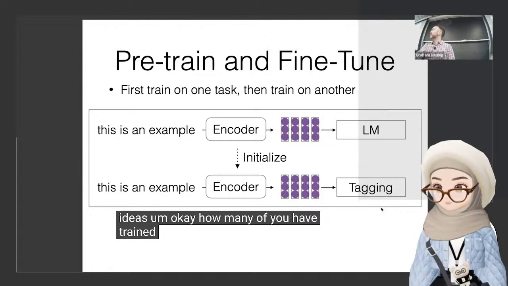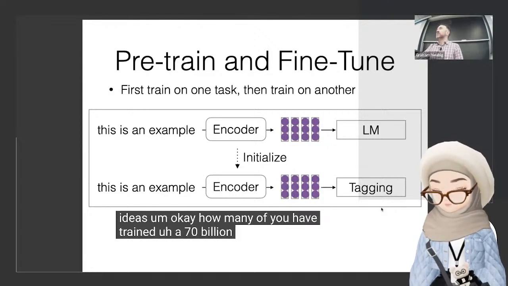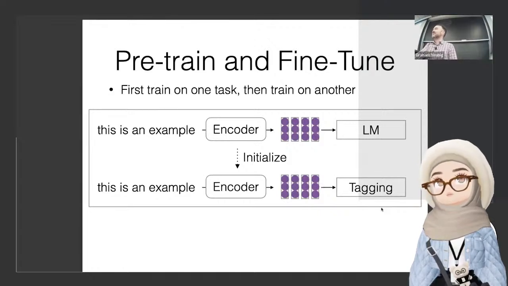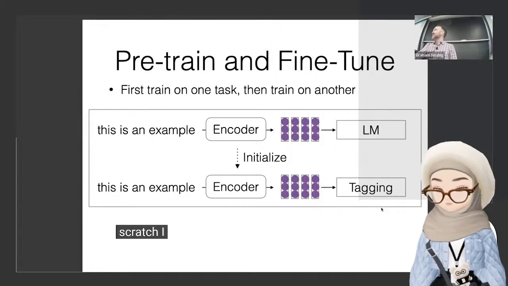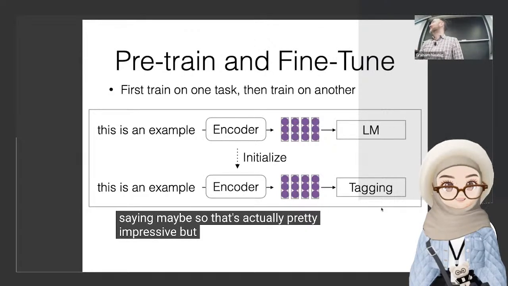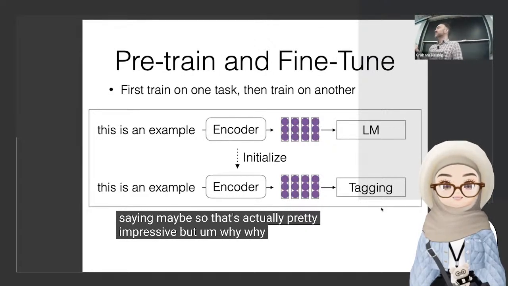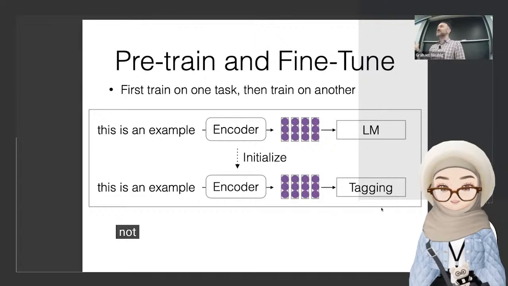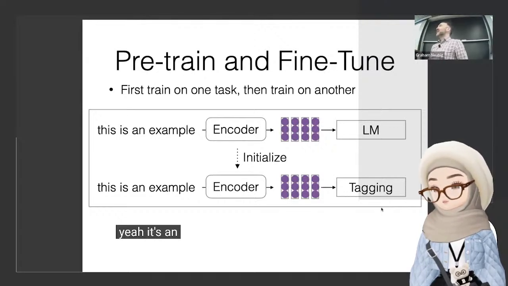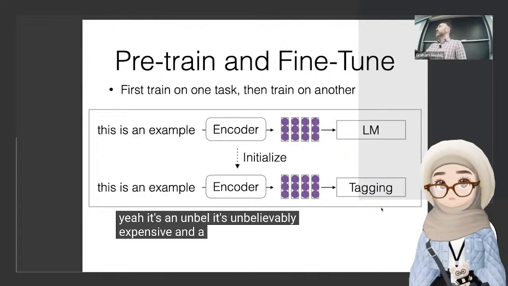How many of you have trained a 70 billion parameter language model from scratch? I mean, I did it yesterday, but I see somebody say maybe, so that's actually pretty impressive. But why not? Money. And time and resources and knowledge. It's unbelievably expensive and a waste of resources.